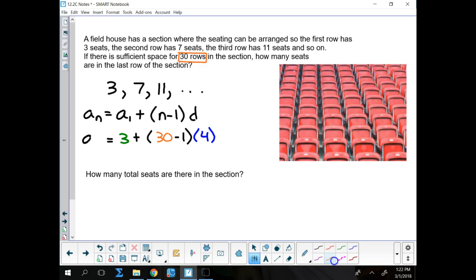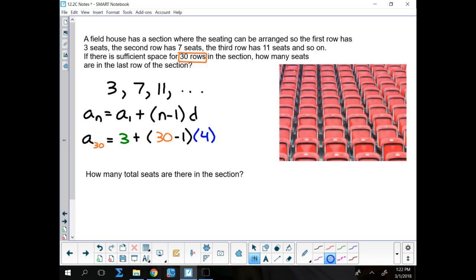Okay. So how many seats are in the 30th row? 119. 30 minus 1 is 29. 29 times 4 is 116.